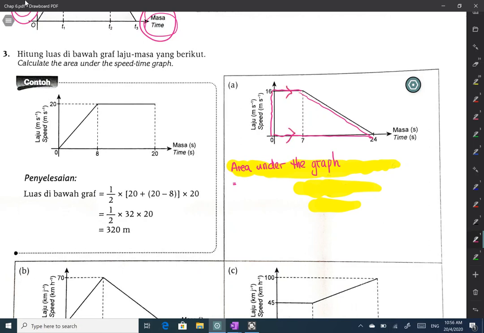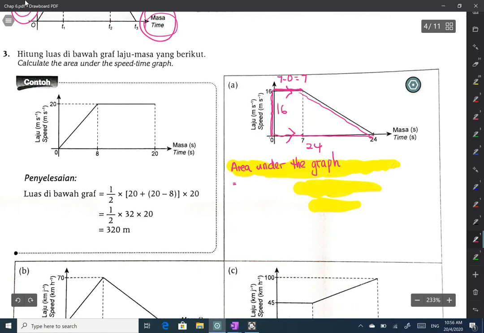I know the distance here. So this is 0 to 7. So 7 minus 0 equal to 7. This one, 24 minus 0. So this is 24. The height is 16.